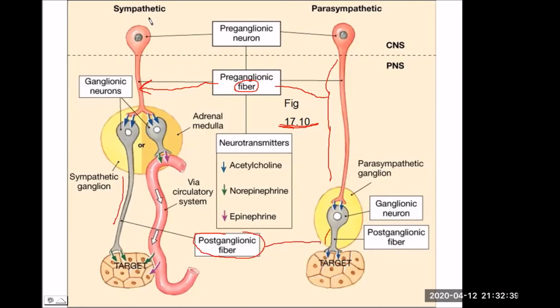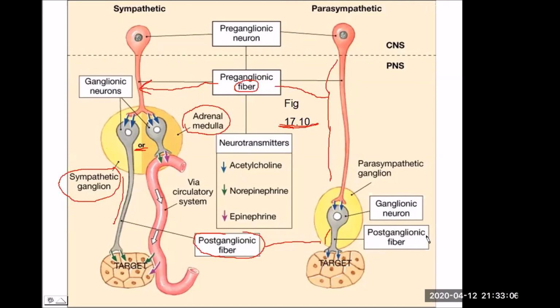We can see sympathetic has that direct connection into the adrenal medulla. It has connections typically with the sympathetic chain ganglia. So the point is we usually have the interaction with the chain ganglia. The exception is leading directly into the adrenal medulla. Parasympathetic never has any interaction with the sympathetic chain ganglia specifically.